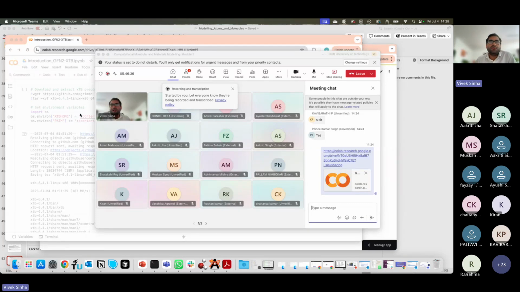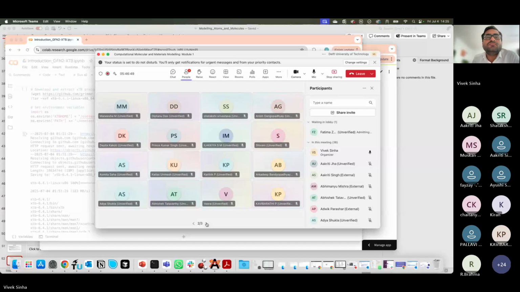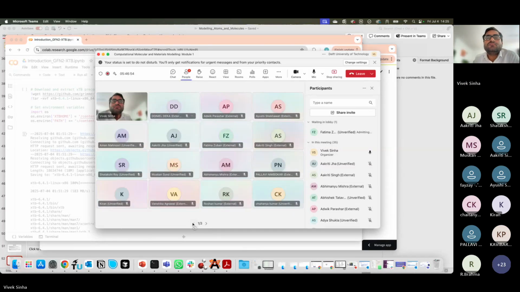If you are able to access it, you can react using a thumbs up, like I did. Okay, Kavi Bharathi, you're in. Satakshi in. Kiran in.